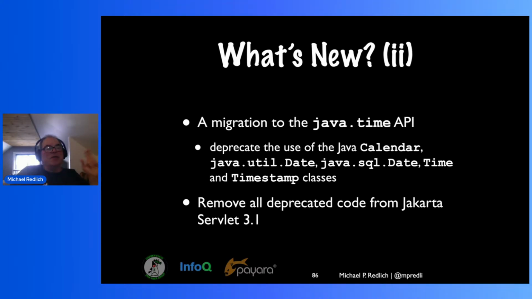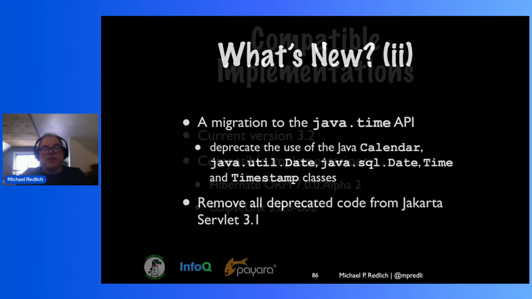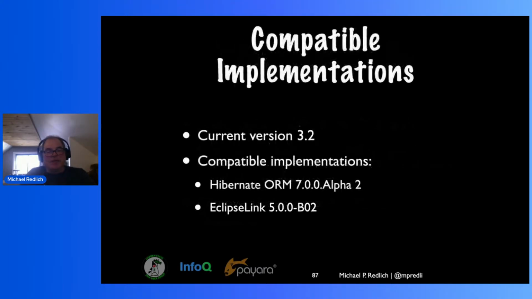If you look at the Hibernate blog, Gavin King actually had a blog describing in full detail why they made the change. All right, 3.2 is the current version, and Hibernate, of course, has been a long-time implementer of this spec, and also Eclipse Link.